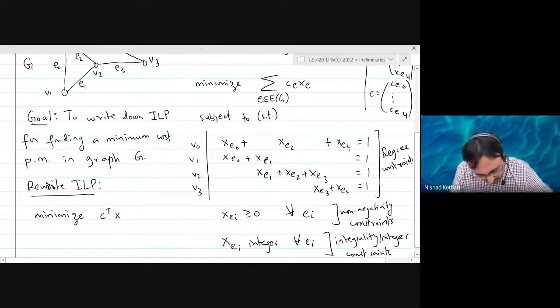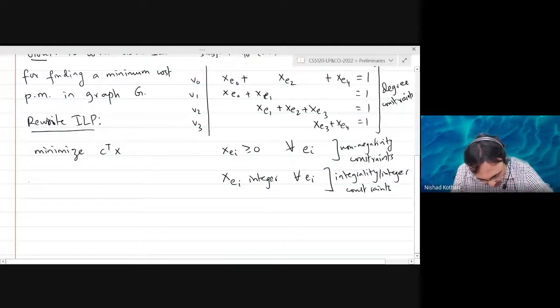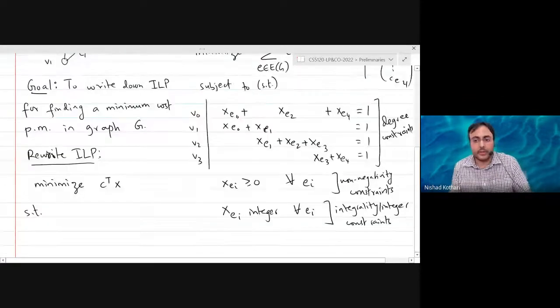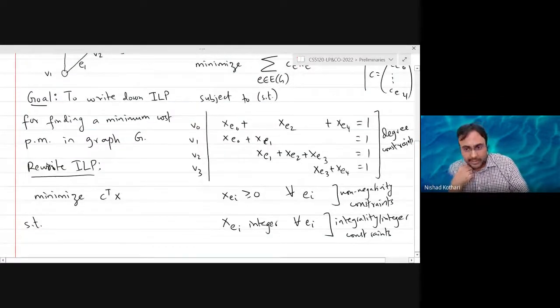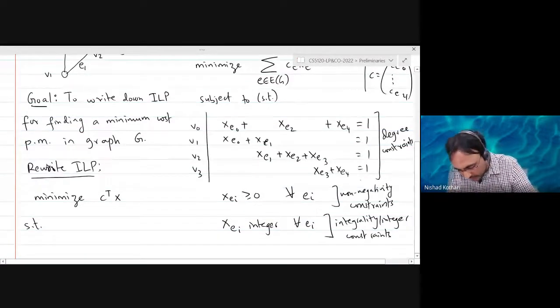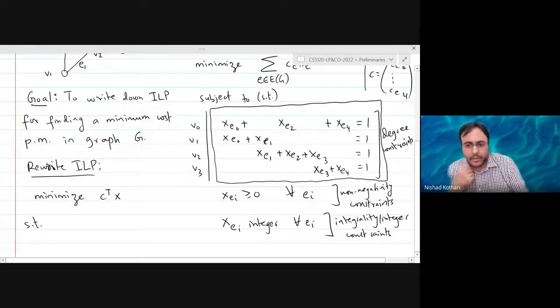Okay. And now I want to write down the constraints also using vectors and matrices. So how would we do that? Any suggestions? I want to focus on the degree constraints and write them down using vector and matrix notation.